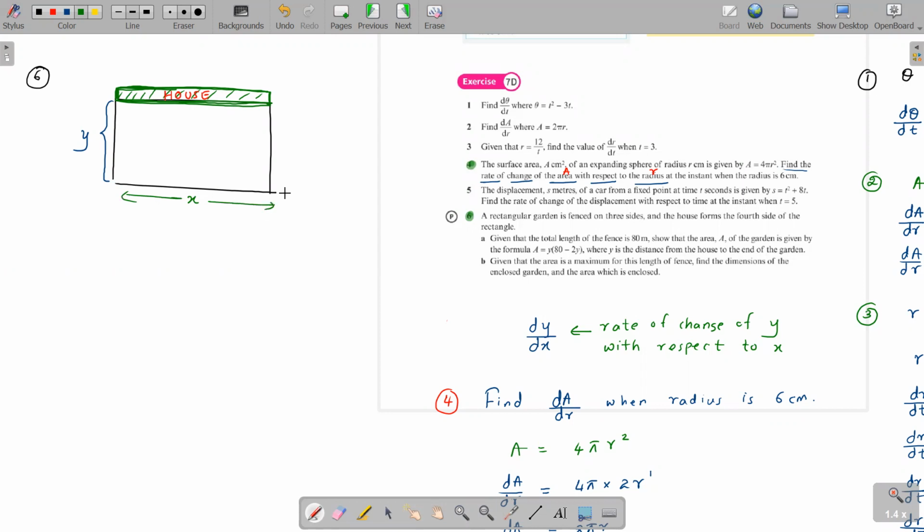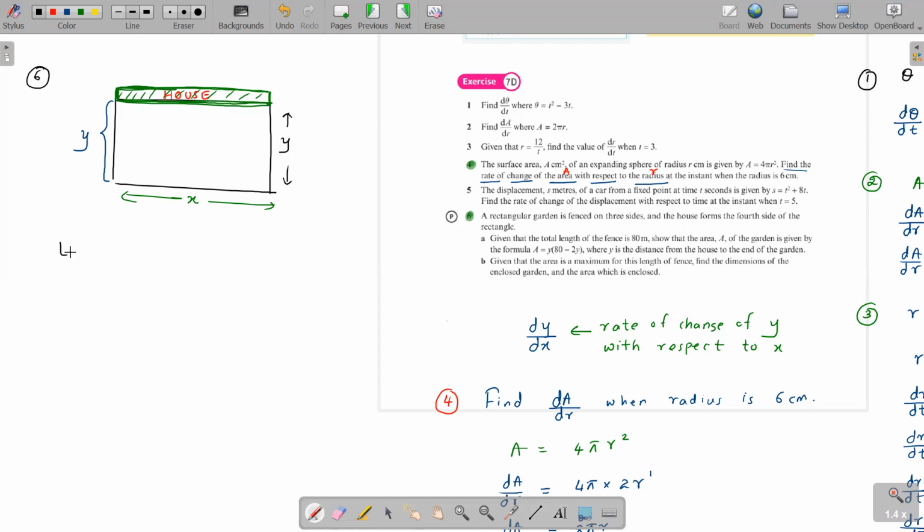Let's try it. There are two things we know. Number one is we know the length of the fence. What's the length of the fence? 80. The length of our fence is 80. According to this diagram, they have put the fence on 3 sides, so how do I get the length of the fence? If this is y, the other side is also y, right?